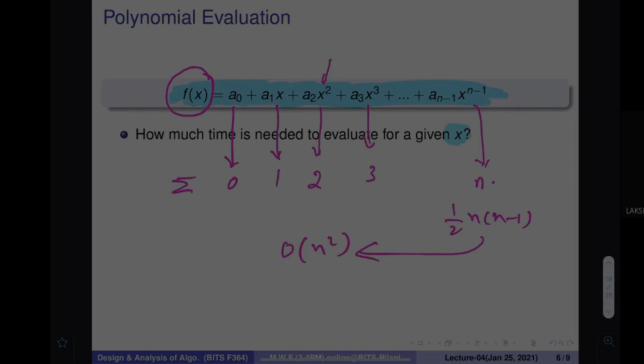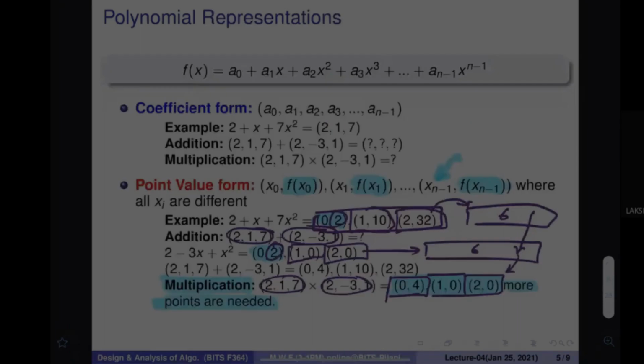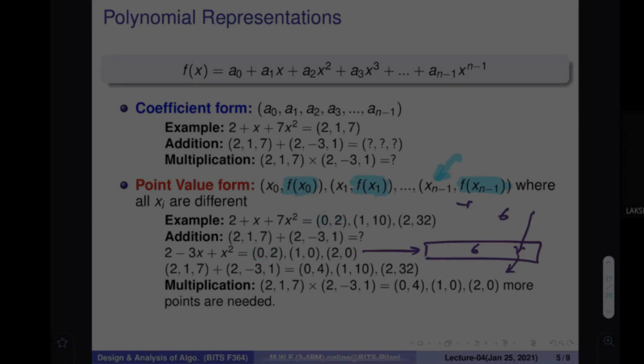Okay. Adit is asking why we need more points. The point is, Adit, that using 3 points you can only find a polynomial of degree 2, up to x square. With 4 points you can go to the power 3.